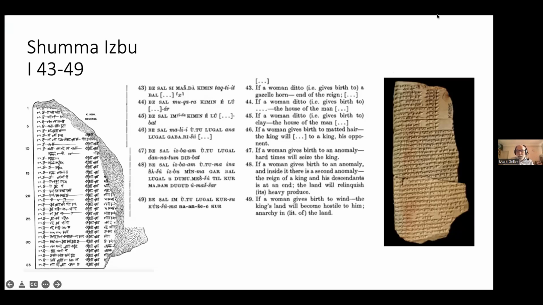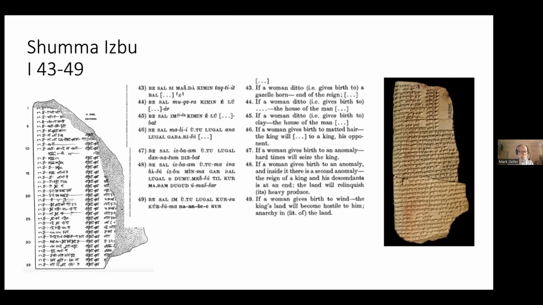Now, the vertical lists are often best represented by Mesopotamian omen texts, and we had some discussion of omen texts this morning, such as these Shumma Izbu omens. These are for monstrous births. Now, I'm not really interested in the text so much as in the layout, the physical layout of the tablet. That's what interests me this morning.